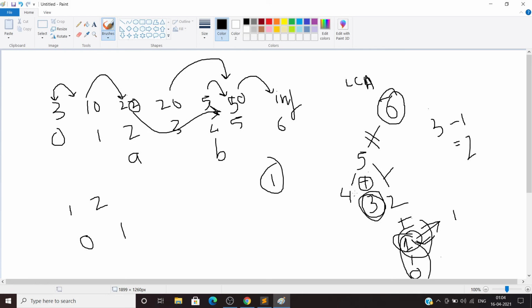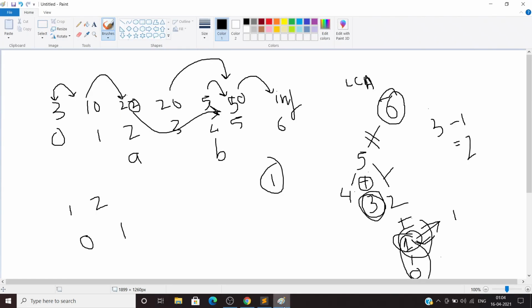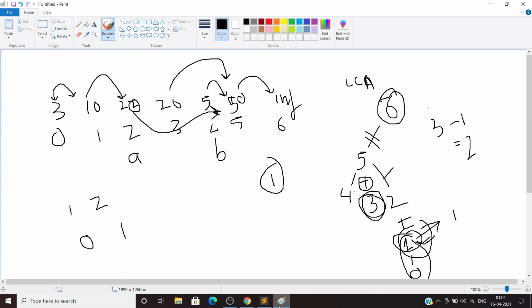Let's suppose an example, let me say 1 and 3. Yes, 4 and 5.